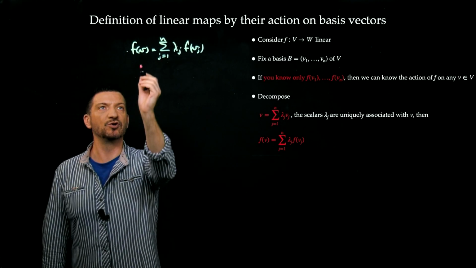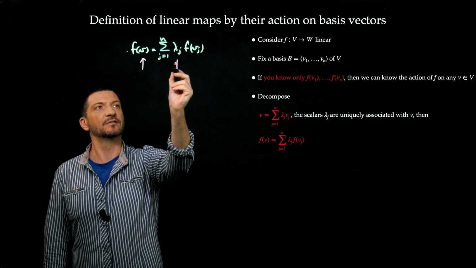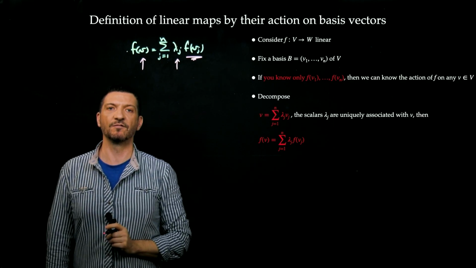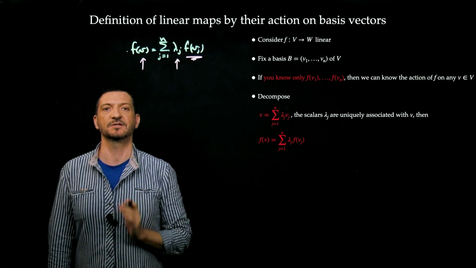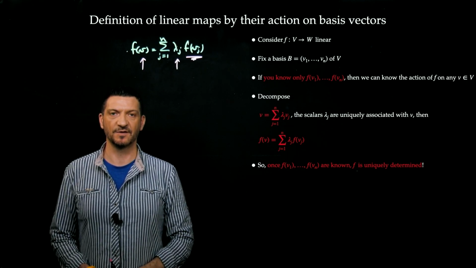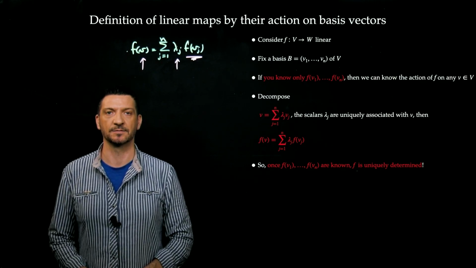We know that if we change vector v to another vector, then these components will change. However, the images of the basis vectors will remain exactly the same. So, once the images of the basis vectors via f are known, then f is uniquely determined.